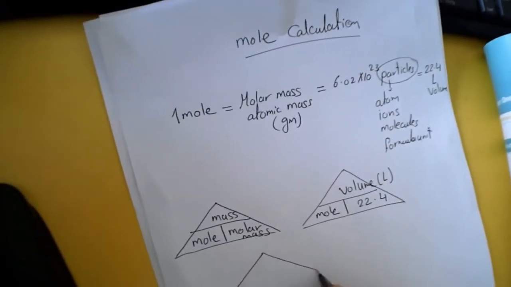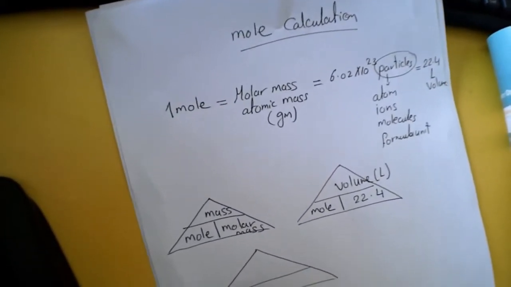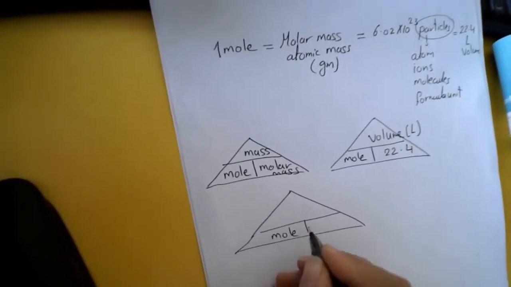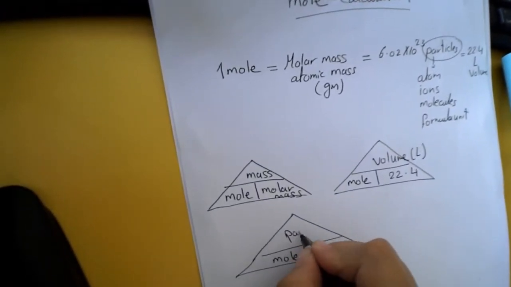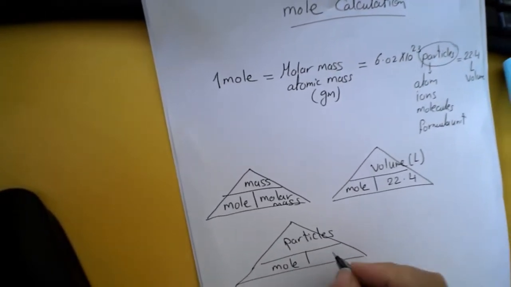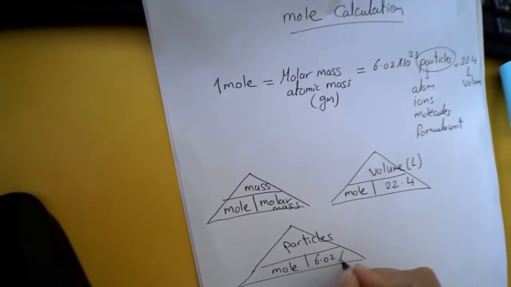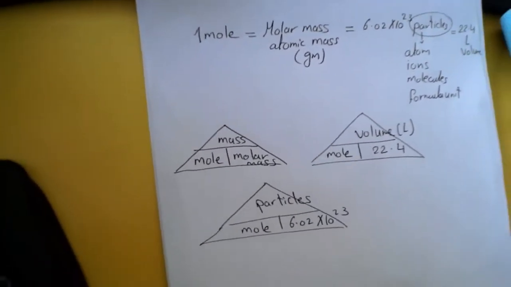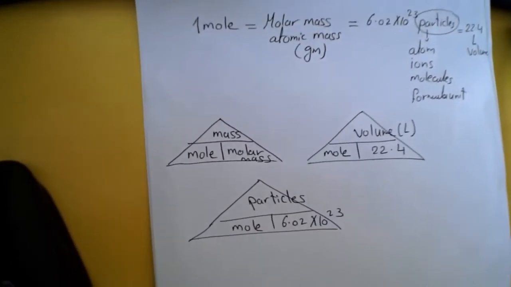Or we can calculate the mole by dividing the number of particles that we have over the Avogadro's number, which is 6.02 times 10 to the power of 23. So these are the 3 rules that we can use to calculate the number of moles.